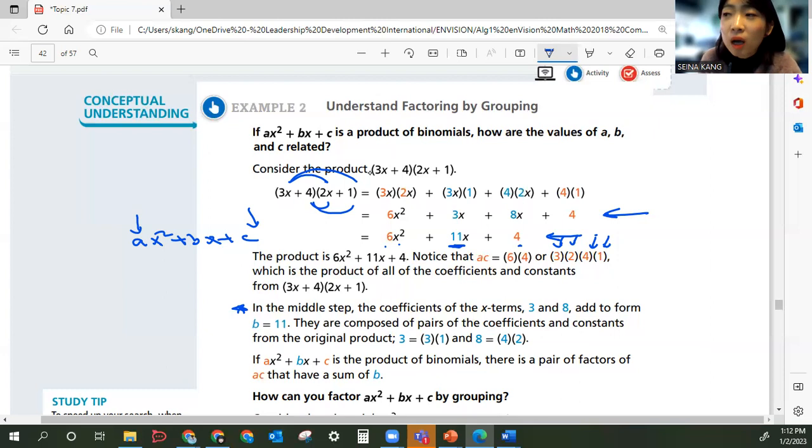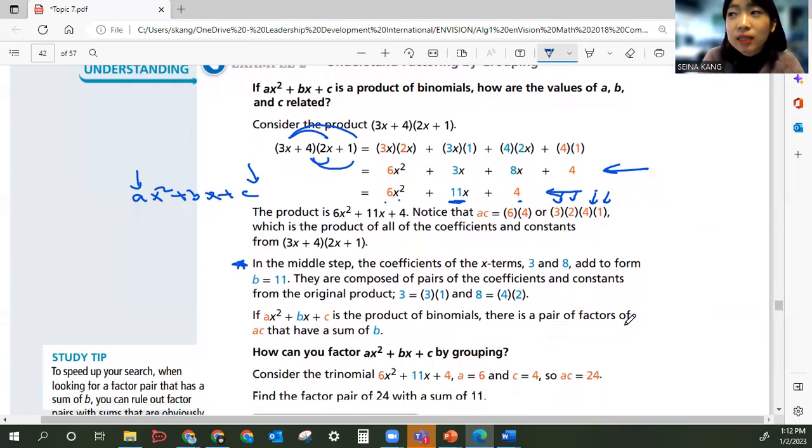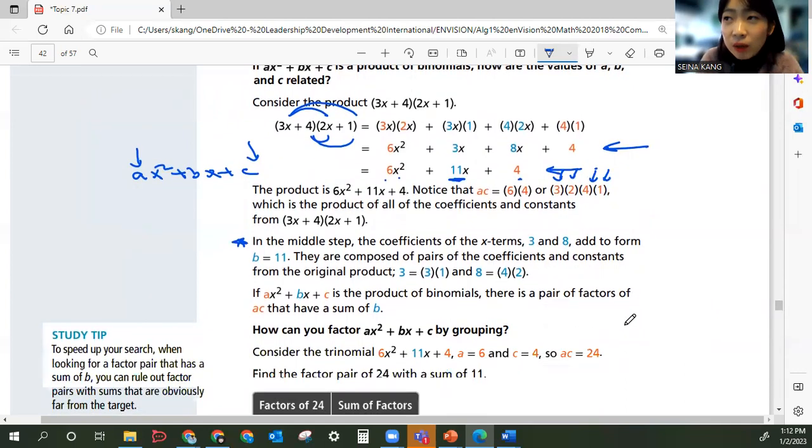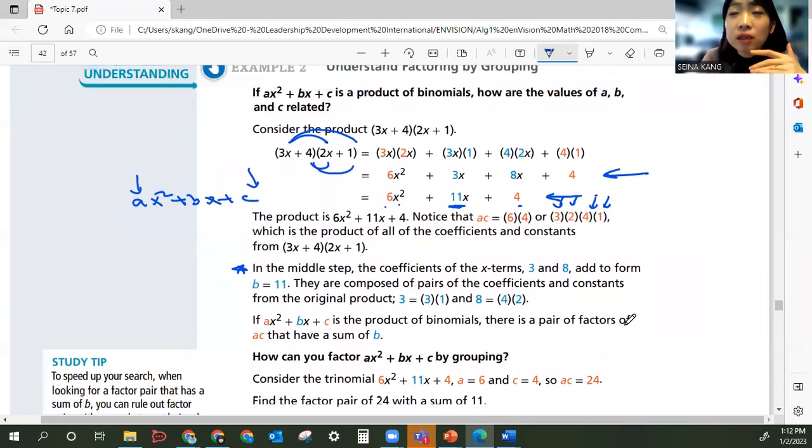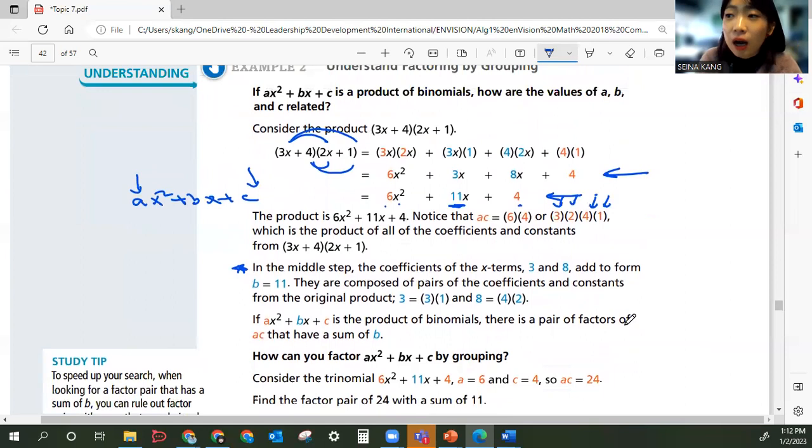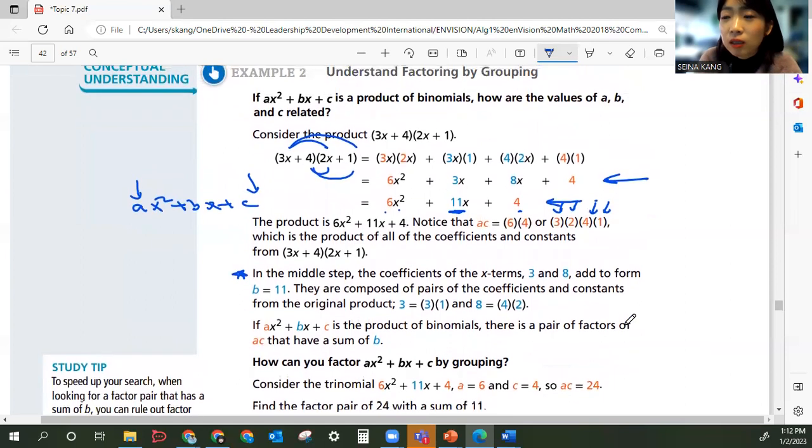That's the observation we make, and we see the similarities between the regular trinomial and the trinomial that has a coefficient other than 1 for a.